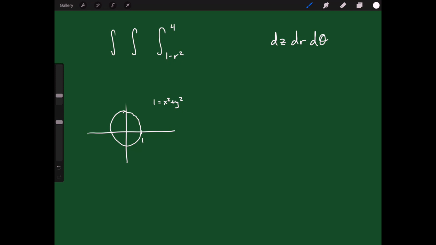So I'm integrating from r equals 0 out to r equals 1, in all these directions. And then theta starts at 0, and I keep picking up angle until I get all the way around to 2 pi.